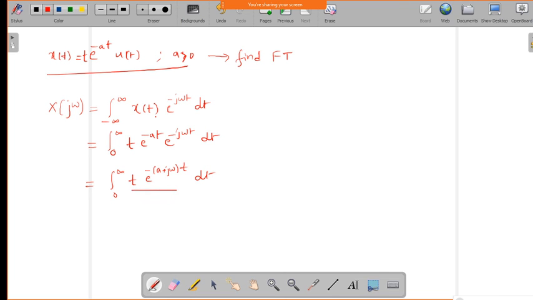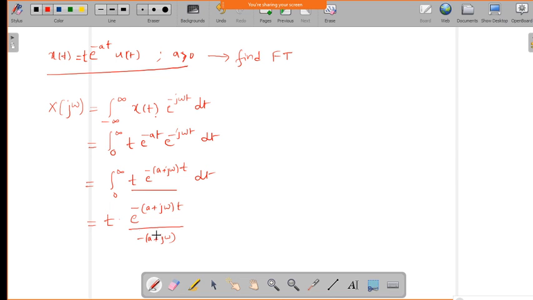Now for this function, you can use integration by parts and evaluate this. Integration by parts means first function into integration of second function, that is e power minus (a plus j omega) t divided by minus of (a plus j omega). This is the first part.